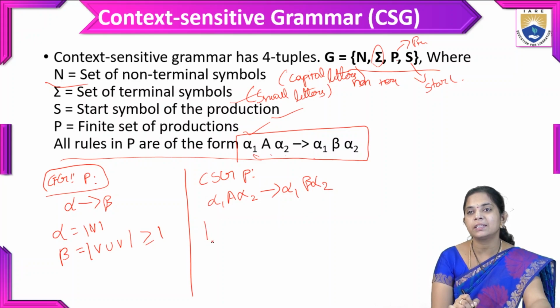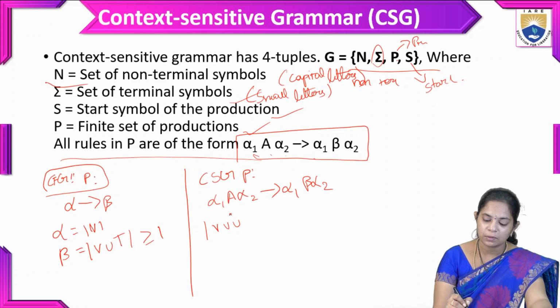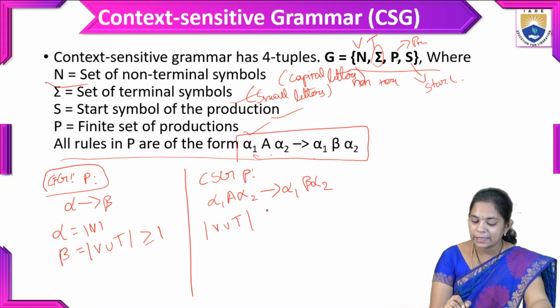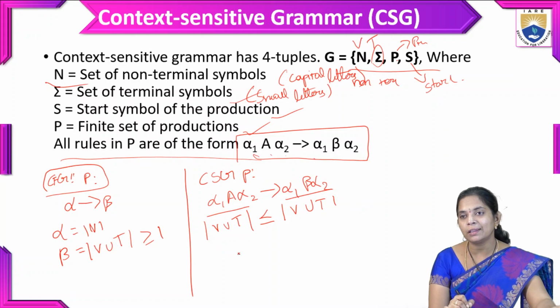For context sensitive grammar, the left hand side and right hand side are both combinations of V union T, and the length of the left hand side must be less than or equal to the length of the right hand side of the production.